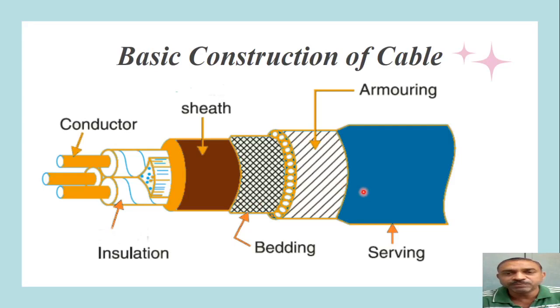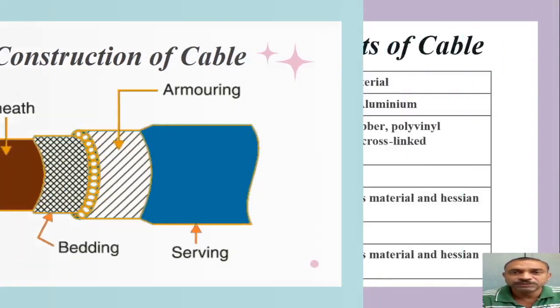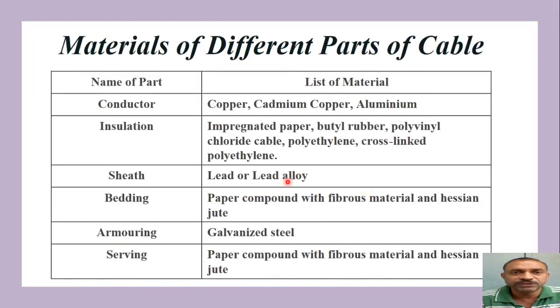So these basic parts are always present in a cable, and they may vary depending upon the application of the cable. Let us see the different materials suitable for the different layers of a cable. The first layer is the conductor.